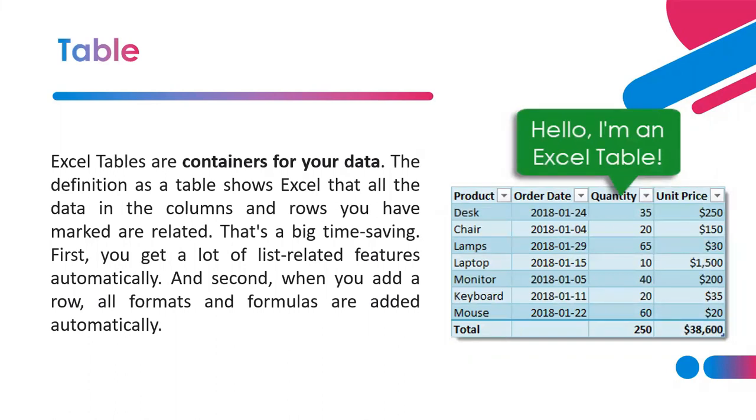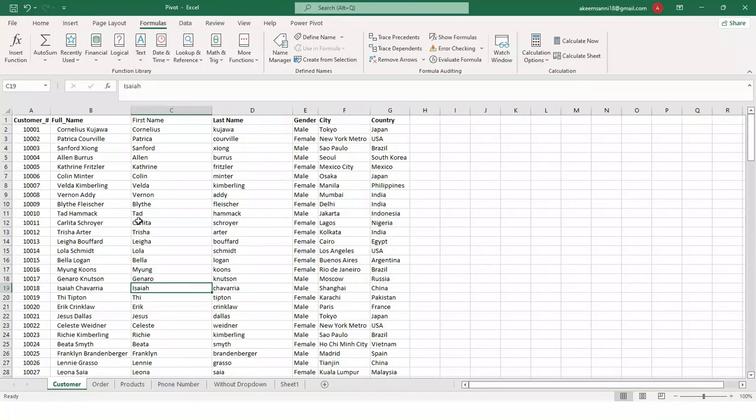Excel tables are containers for your data. The definition of a table is that it shows Excel that all the data in columns and rows you have marked are related. So let's go back to Excel. Right now, all this data that you can see here, Excel does not know whether they are related or not.